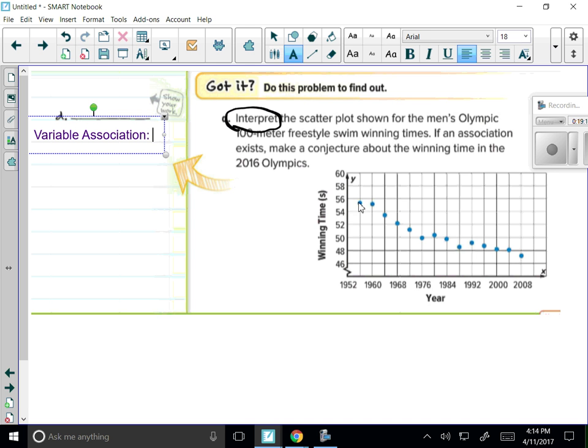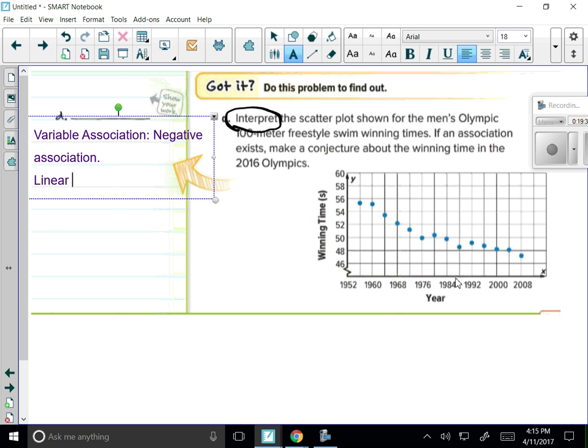Now here we can see, okay, does this look like it's headed down or up, or is there really any association? And I think with this one it's pretty obvious to see that the variable association is going downwards, which means it has a negative association, which is what we're looking for.